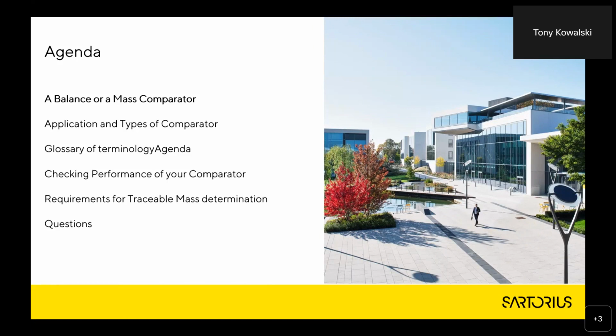Then we should also look at the applications of mass comparators and the different types that you will be able to find in your laboratories. Then we should look at terminology, because there are lots of terms that we use in mass metrology that need to be explained and understood.